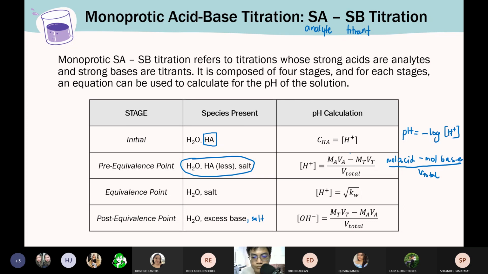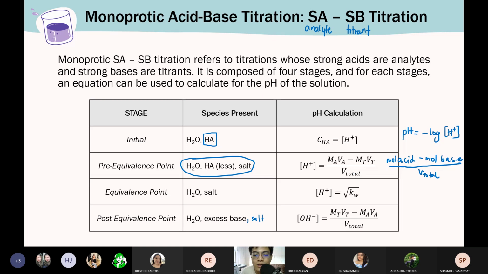Okay? So, bakit mole? Kasi, yung molarity, hindi mo siya masusubtract. Ibang quantity yun. Kumbaga, parang density yan. Hindi mo pinagsusubtract yung dalawang density. So, yung ating molarity, hindi mo sila pwede i-minus.